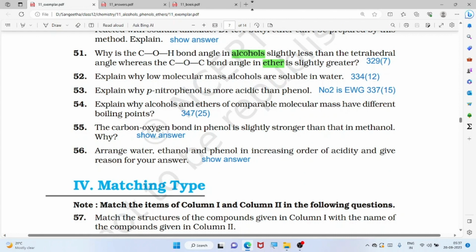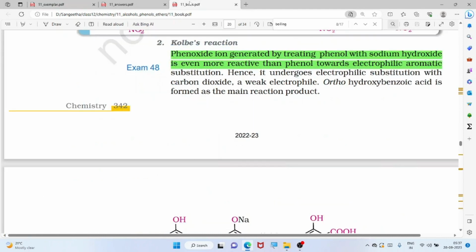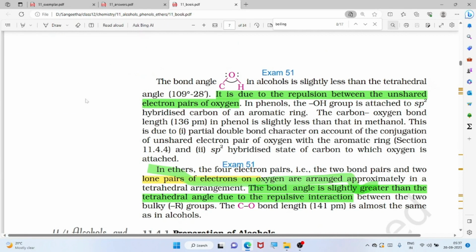Why is the C-O-H bond angle in alcohol slightly less than tetrahedral, whereas the C-O-C bond angle in ether is slightly greater? This is due to the repulsion between the unshared electron pairs of the oxygen. In alcohols the angle is slightly less than the tetrahedral angle.